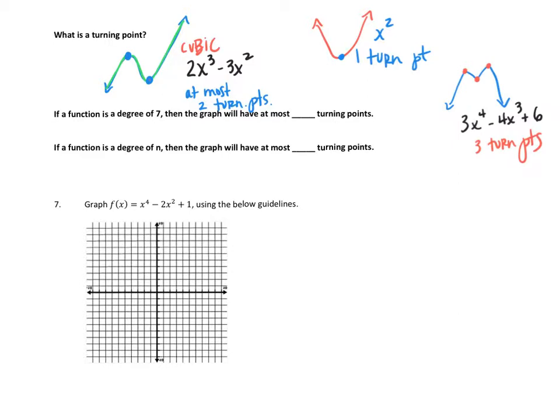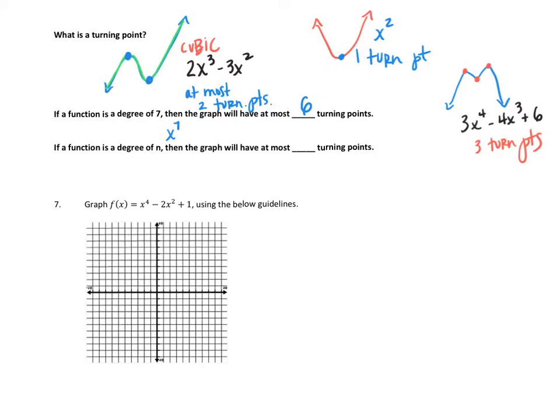So if a function is a degree of 7, meaning it has something like x to the 7th in it, the graph will have at most 6 turning points. So it's 1 less than the degree.